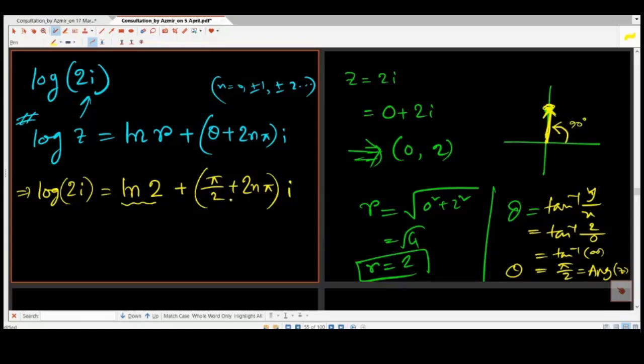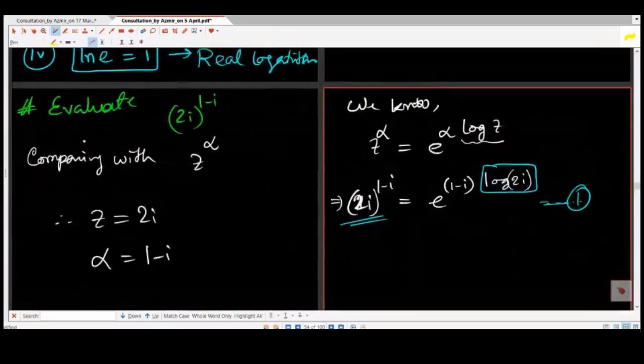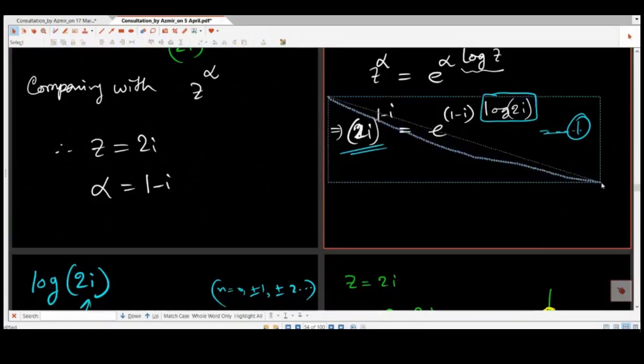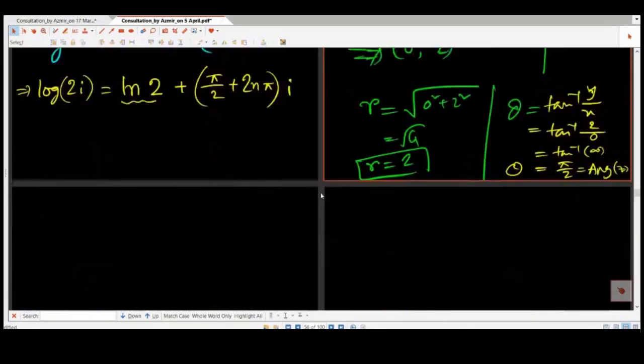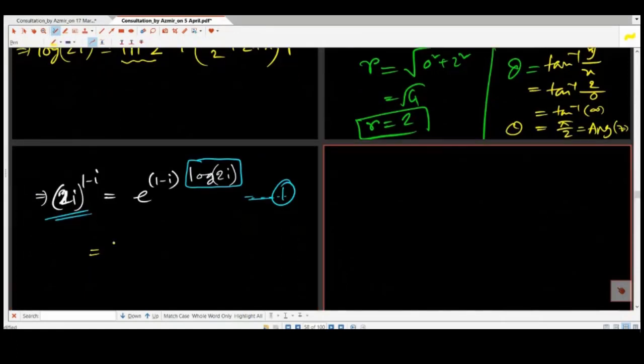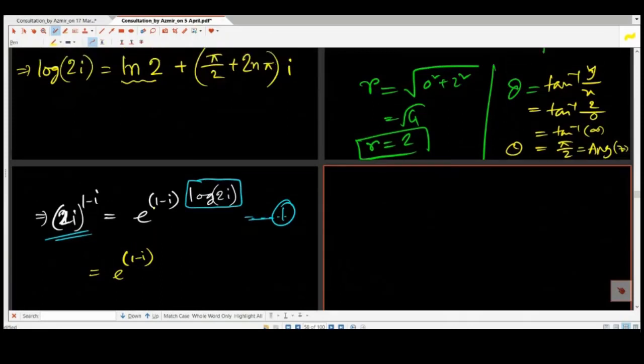We have found log of 2i. So from equation 1 we have e to the 1 minus i log 2i. We can now input this. It is natural log of 2 plus pi over 2 plus 2n pi i.